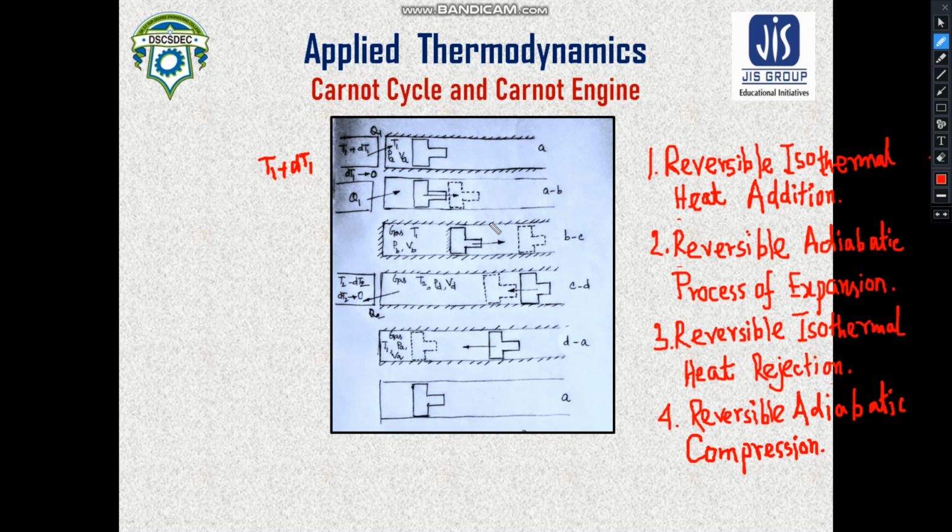Now since heat is getting transferred into the gas, it is quite evident that the temperature would rise. But still here it has been mentioned that it is an isothermal process. How can you prevent the temperature of this gas from rising?